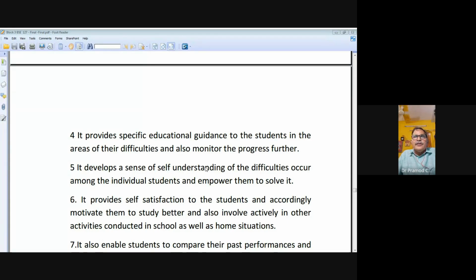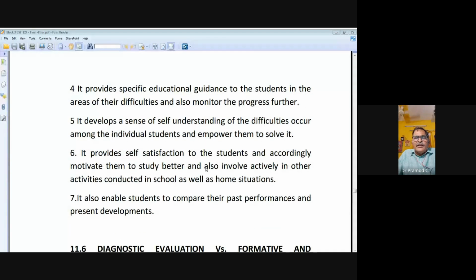You will have to monitor the progress of the child. Then you must see how far the students are empowered to face the learning difficulties. And whenever the students face the learning difficulties, we can say that they try to be motivated, and they have also developed innovative ideas to succeed in their life.